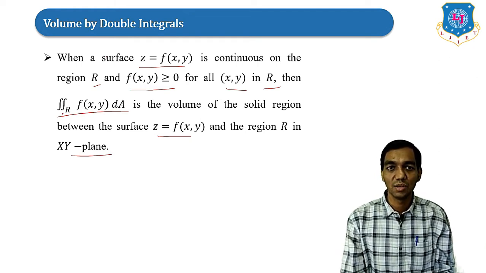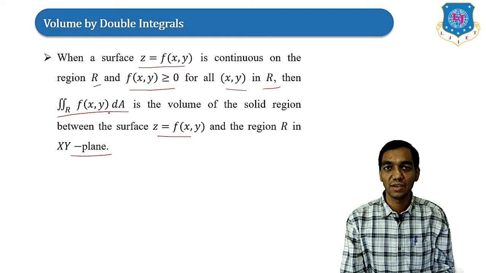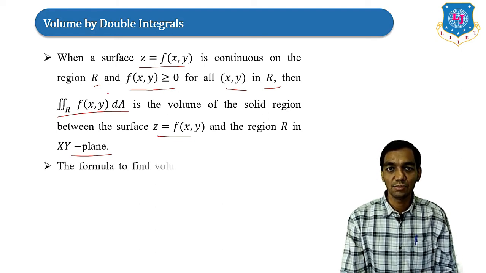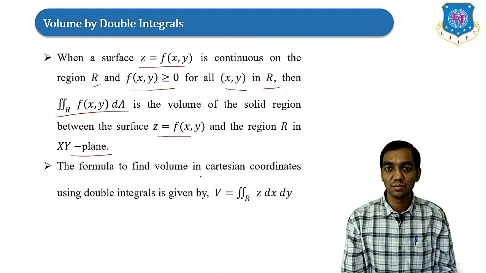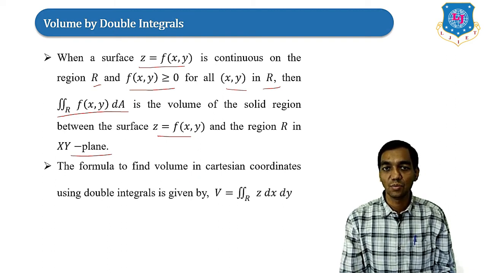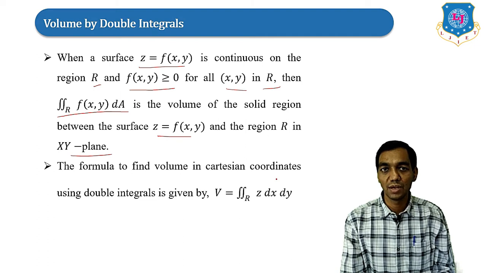Okay. So double integration over R of f of x comma y dx dy or dy dx is your volume in 3 dimensions. Now the formula of volume in a Cartesian coordinate system is written in the form of double integration z dx dy. So instead of f of x comma y, you can write this as z.